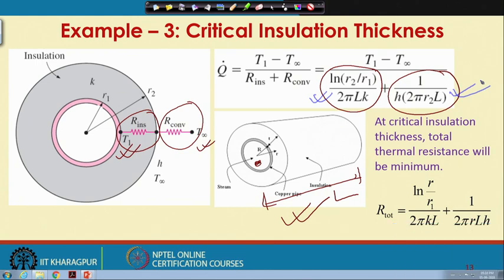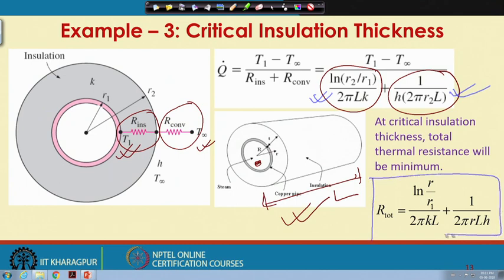Beyond that, if I go on increasing the insulation thickness, heat loss will be less. So, we need to know what is the critical insulation thickness where the total thermal resistance is minimum. So, for that I have to minimize this expression, which is nothing but the sum of the total resistances.